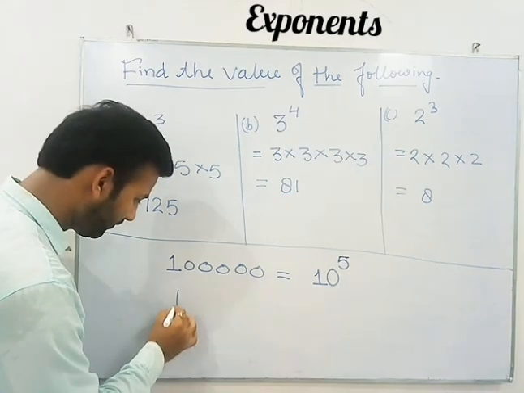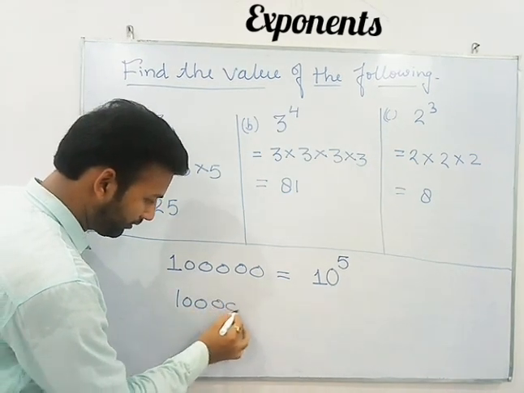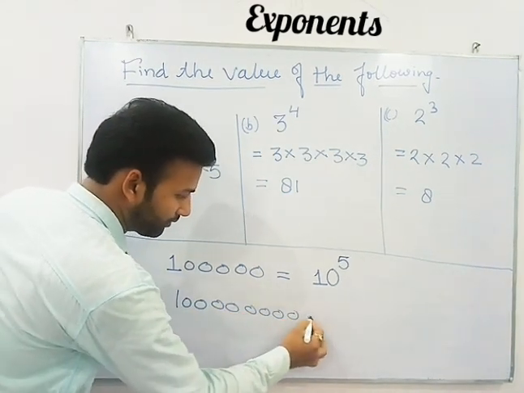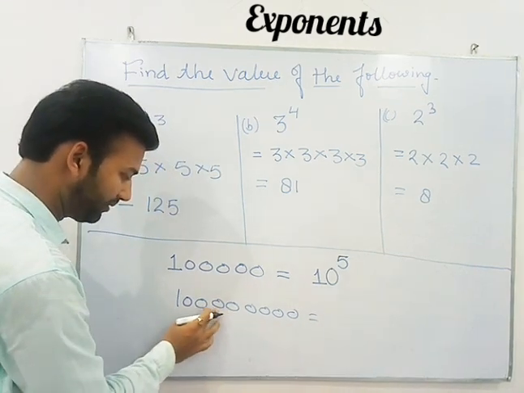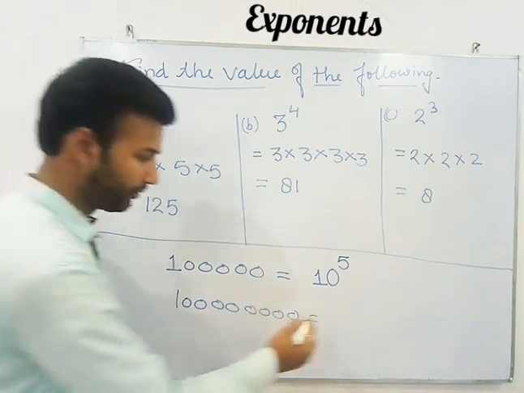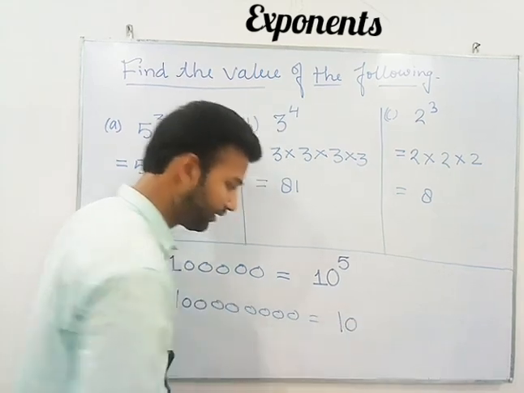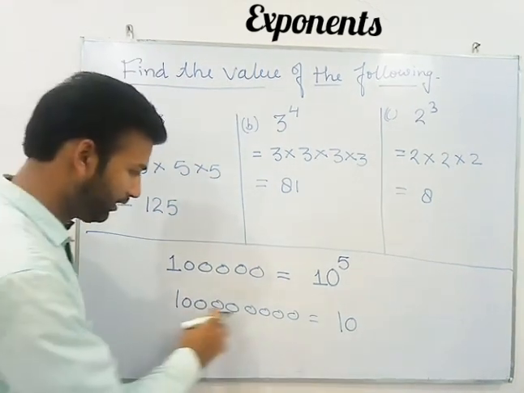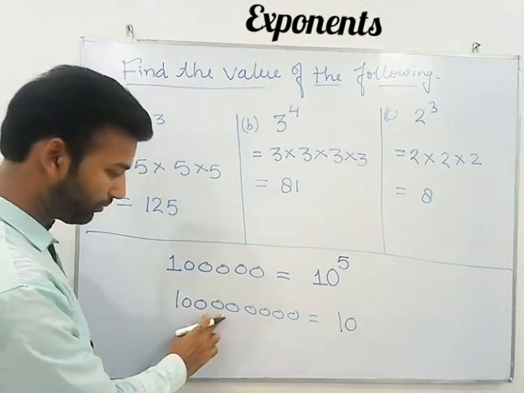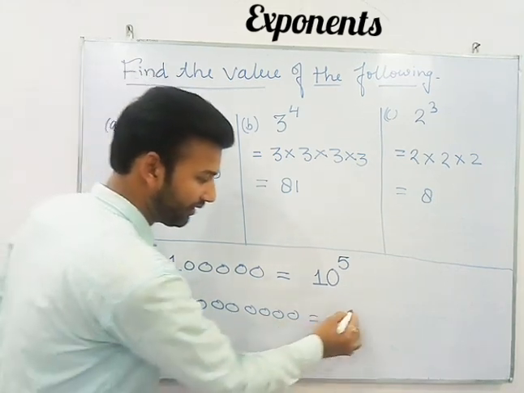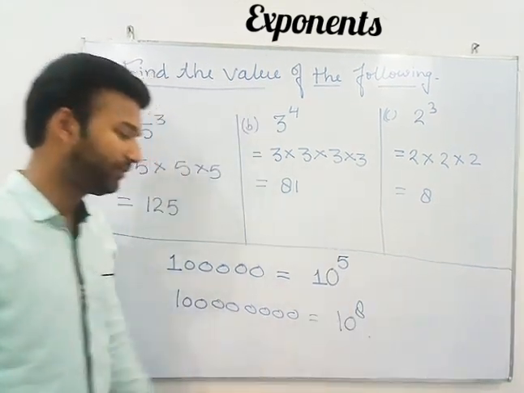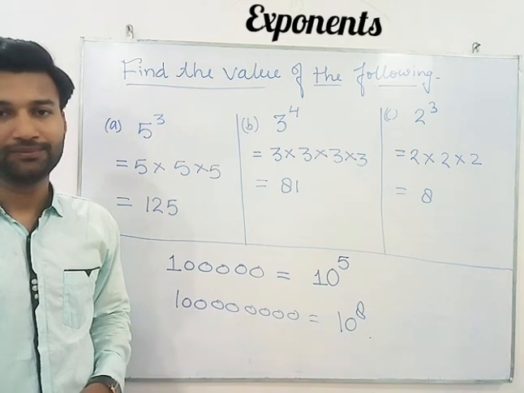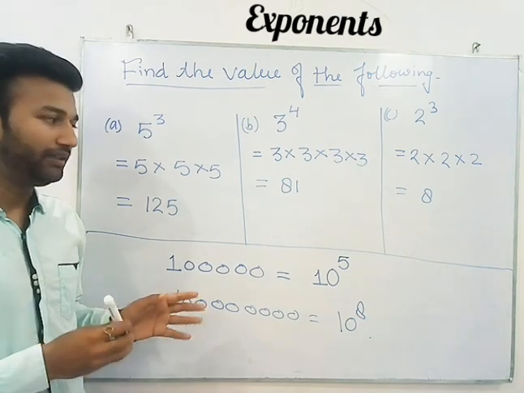If after 1 there are 1, 2, 3, 4, 5, 6, 7, 8 zeros, we will write the number in exponential form as 10 to the power 8. This is the exponential form. I think it is a very clear and easy concept.